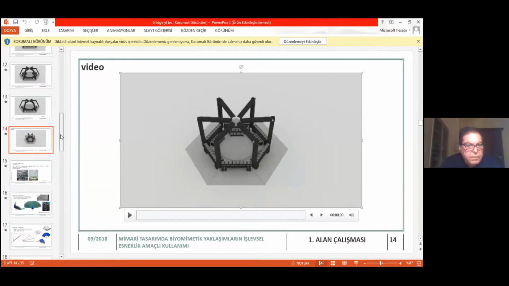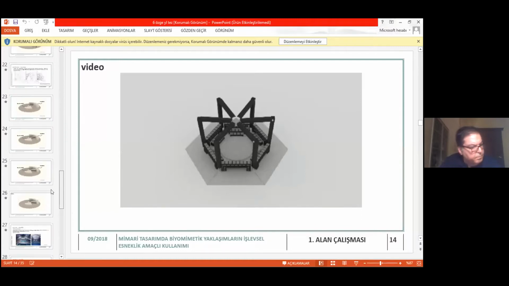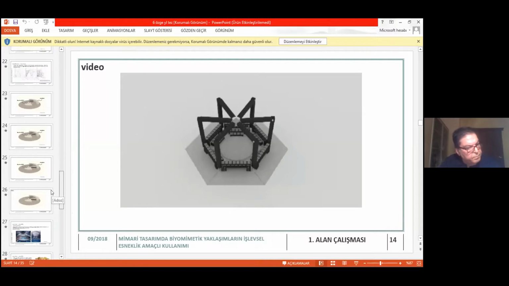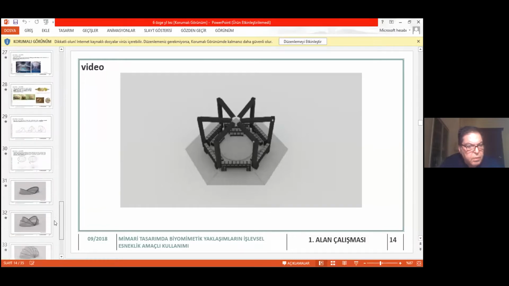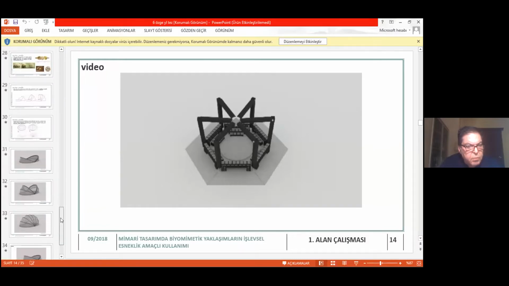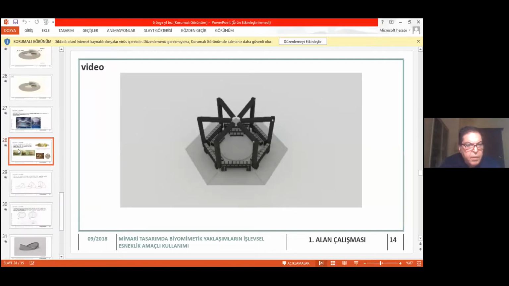And Özge's last design is a sport hall. She designed a sport hall for every season. In summertime and wintertime, the roof is closing and opening. And she was inspired for this design by the armadillo.